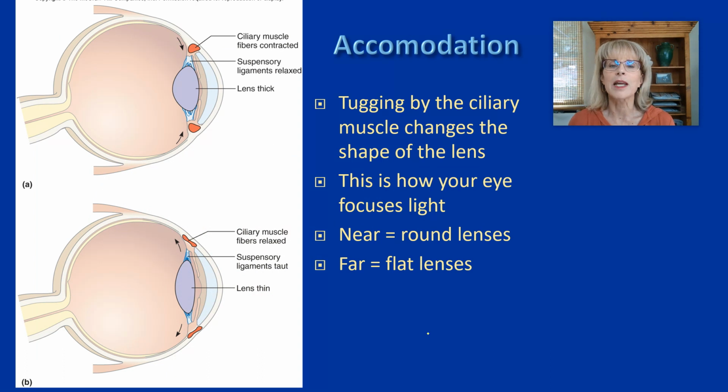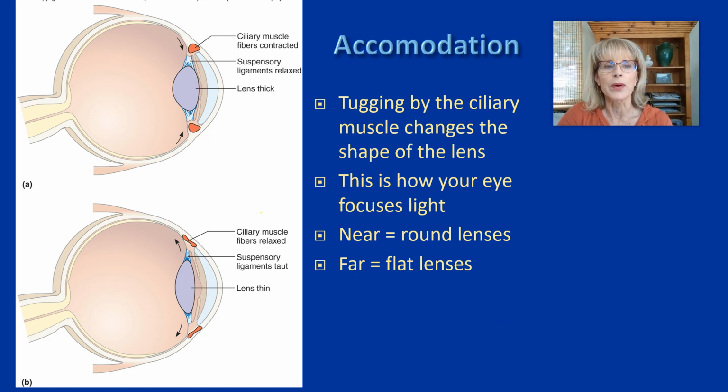Right? Accommodation. Accommodation is the process by which your eye focuses light. It's really interesting, kind of complex how you could be one second looking far away, and then you can bring your attention near, and your eyes focus the light.